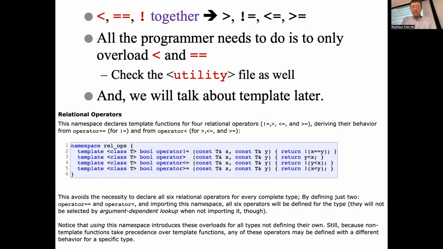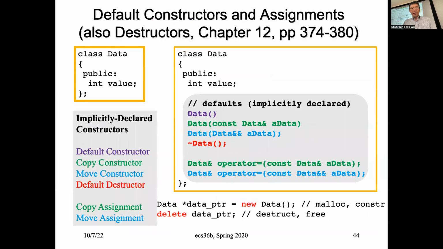Okay. All right, so now I'm going to talk about the second topic today, which is constructor and destructor. In C++, there are three types of constructor. The first one is called the default constructor.